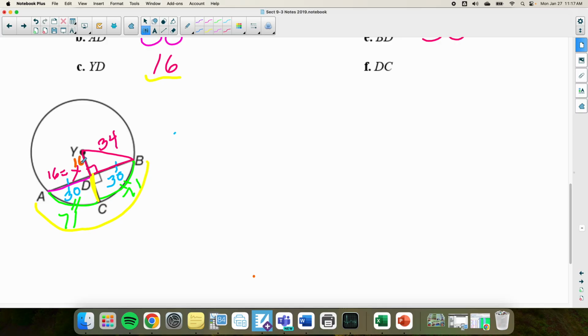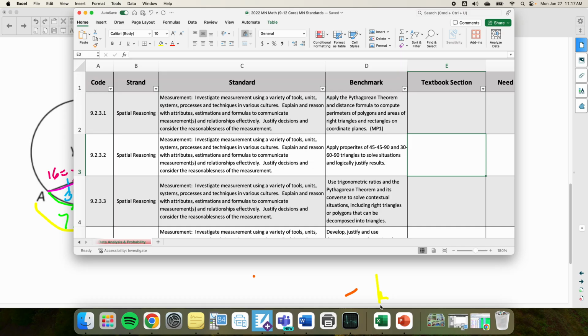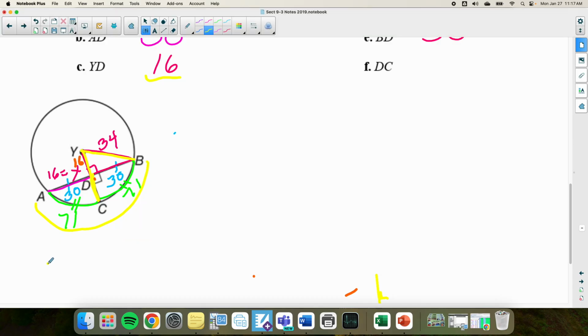That's 30. Here's what kids will tell me on the test. They'll say, if this is 16, this is 16. That is not true. Do you guys get that this is a radius and it's 34? And isn't this a radius? So it would be 34. So if this is 16, wouldn't this be 34 minus 16?